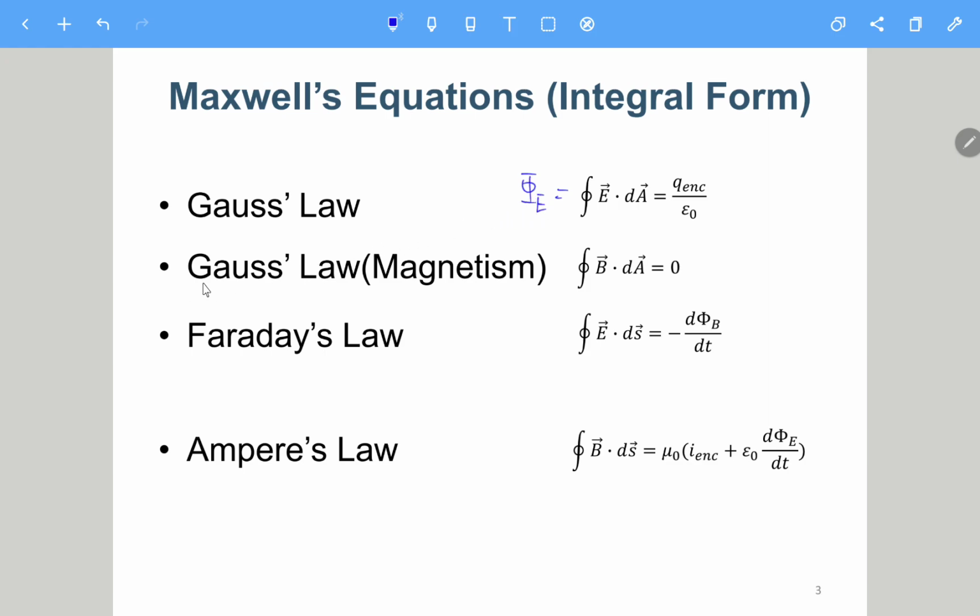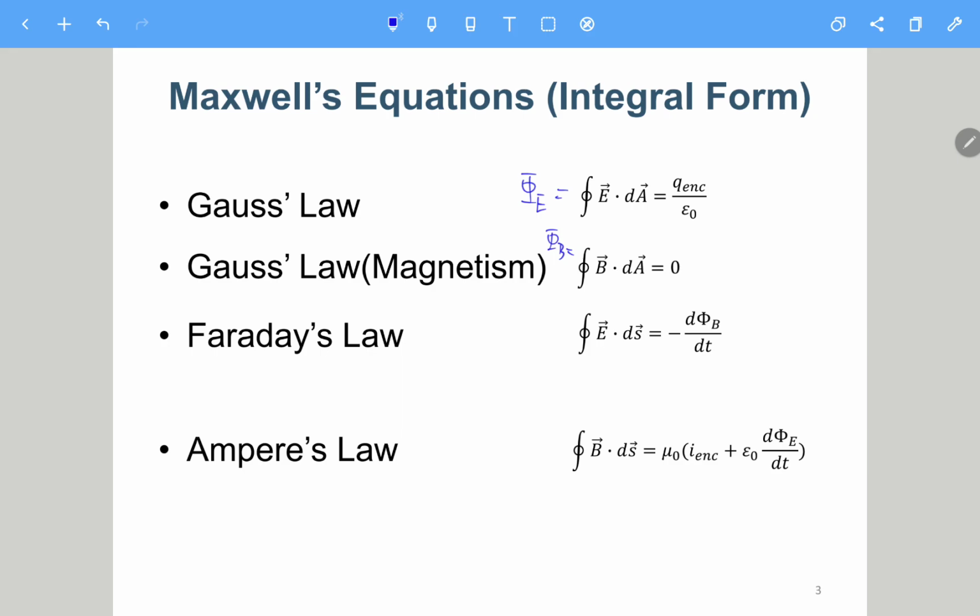And the second one is Gauss's law for magnetism, which is learned in this chapter. On the left side, it is nothing but the magnetic flux, phi B. And since we don't have a magnetic monopole, on the right side we only have 0.